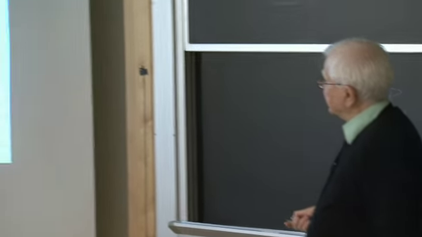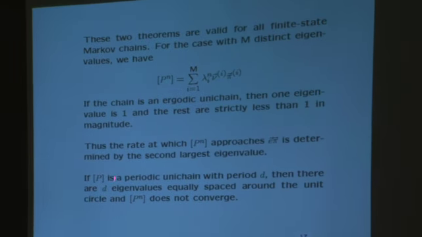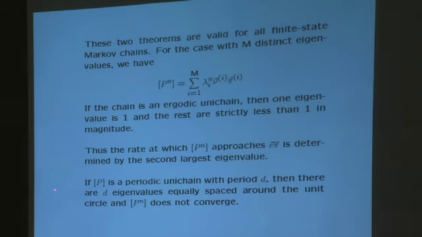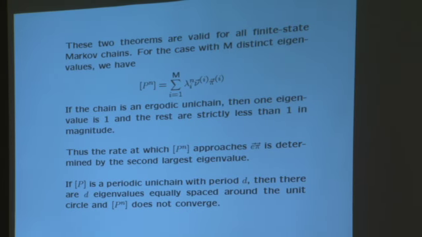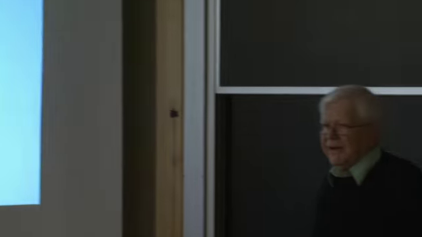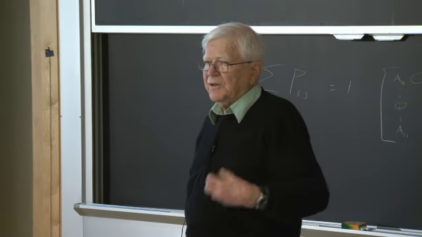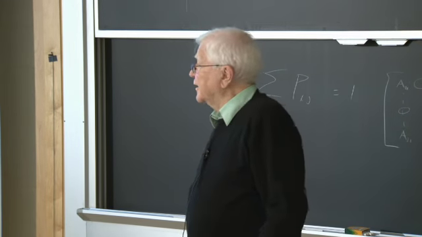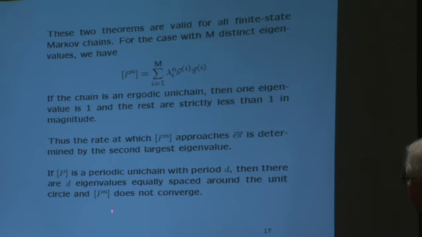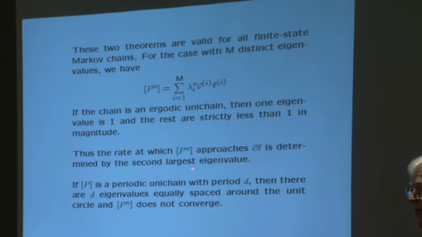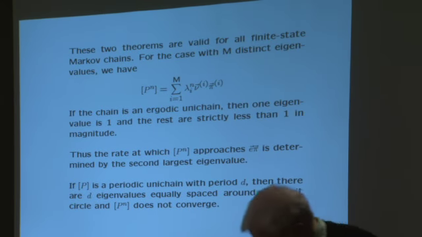So the classy way to analyze a periodic unit chain is to look at p to the d and see what happens there. You get convergence within each subclass, but you just keep rotating among subclasses. So there's nothing very fancy going on there. You just rotate from one subclass to another. And p to the n doesn't converge, but p to the d times n does converge.